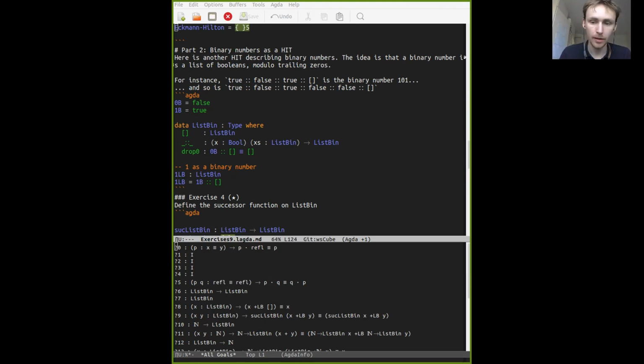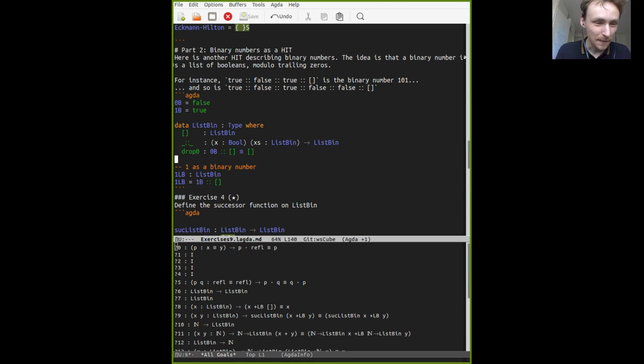Okay, let's do the HIT thing here. So this HIT exercise is about binary numbers, and I apologize, this is really not my expertise. My expertise is homotopy, even though I'm very bad at explaining them. But now let's do some HITs with binary numbers.